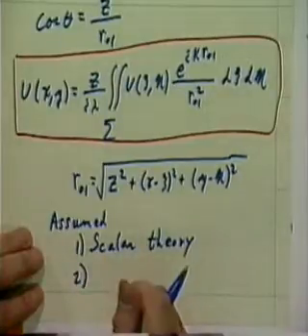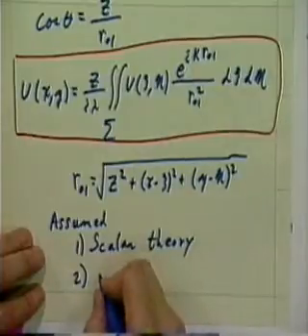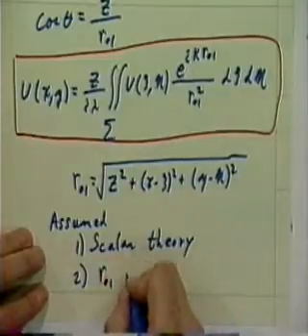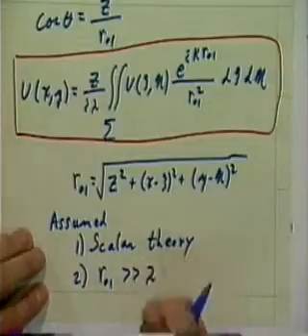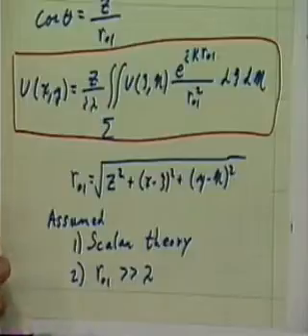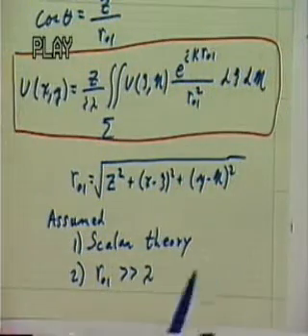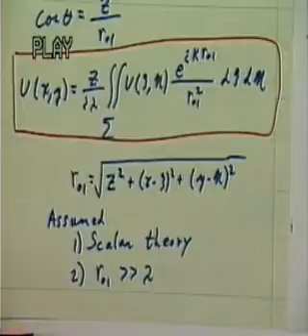And two, we assume that we're many waves from the aperture, so R01 is many wavelengths. But those are really the only assumptions that we've made so far. And so that's my way of telling you we're about ready to make many more assumptions, okay? And I'll have some coffee so I'm ready to make these assumptions.